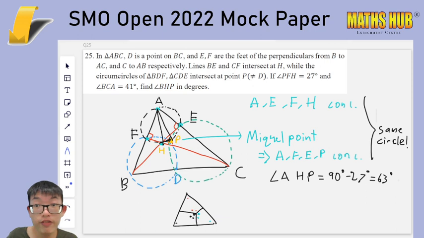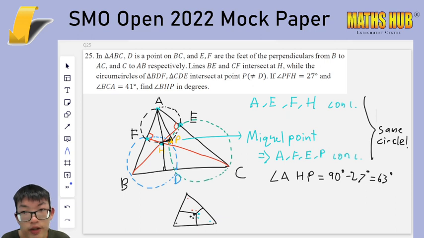We also have angle AHB. And remember that in this configuration, H is the orthocenter. H is the orthocenter means that if you extend this down, this will also be right angle.